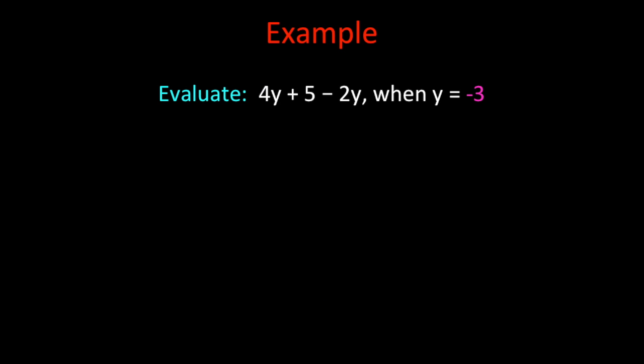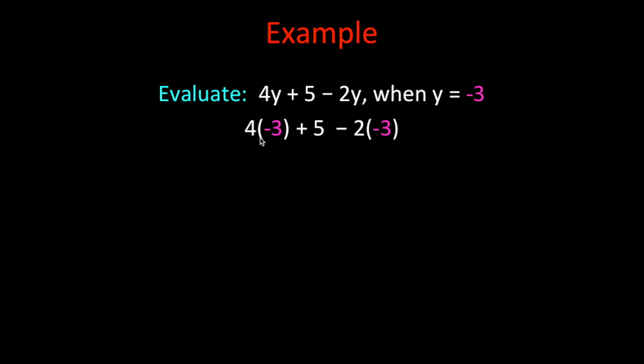Let's look at another example. Let's say we ask to evaluate 4y plus 5 minus 2y when y is equal to -3. So we're going to replace y in the expression by -3. So y here is going to be replaced by -3, and y here is going to be replaced by -3 also. So 4 times -3 plus 5 minus 2 times -3.